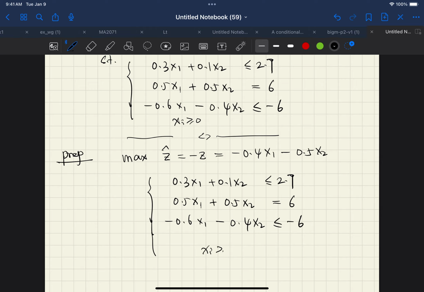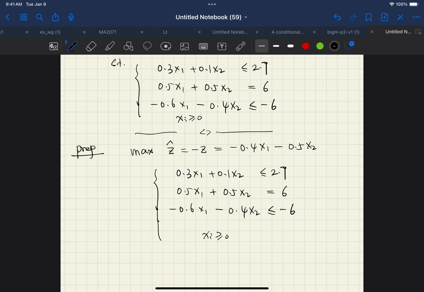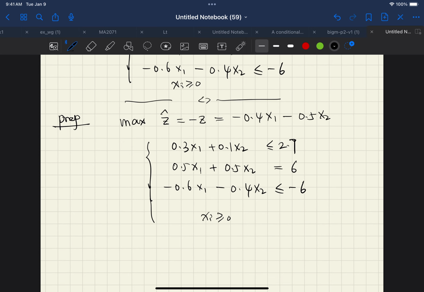We need to flip each term of this third constraint, flip the sign. So negative becomes positive, negative becomes positive. But don't forget, when you multiply by -1, the inequality flips. So at the end, we have a standardized problem, a maximizing problem, and the right-hand side is all positive numbers.